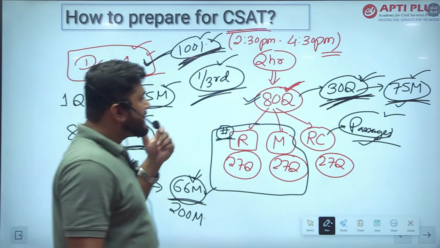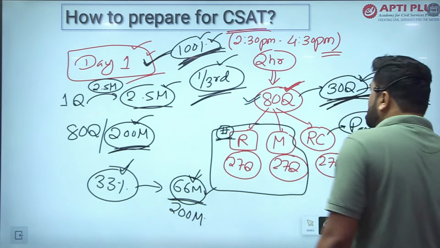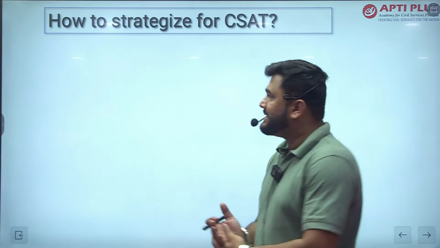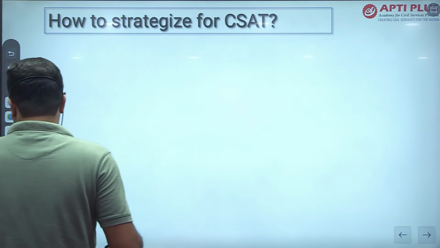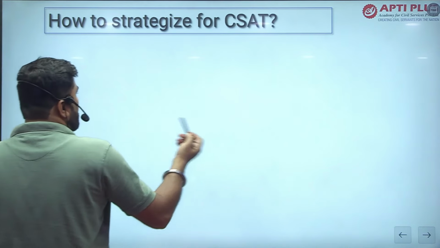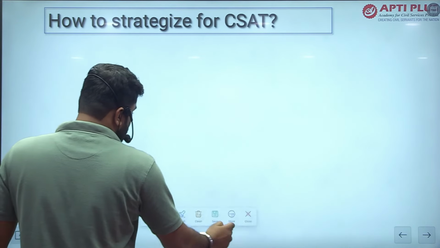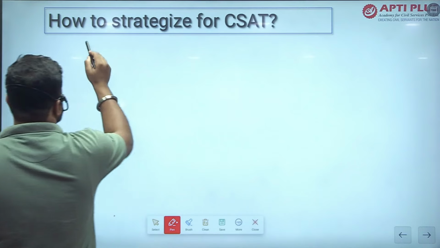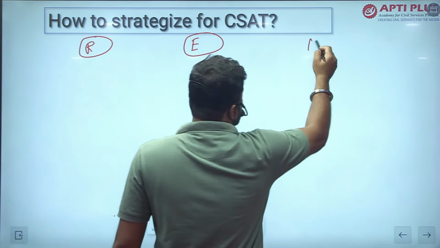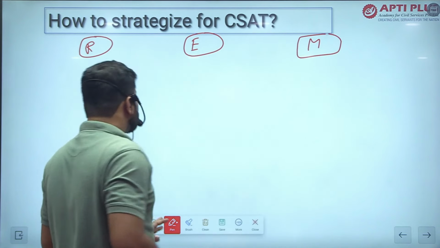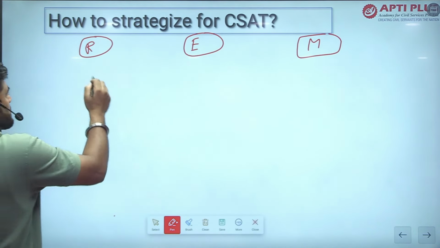Okay, now the second point comes to mind: how to strategize for CSAT. For the proper strategy, we have 3 subjects: reasoning, English and maths. Now what should be the proper strategy?